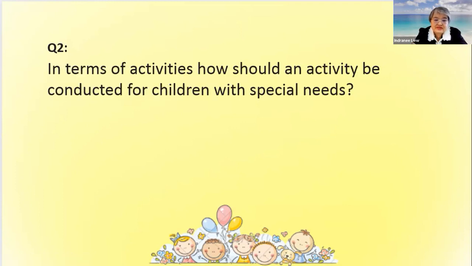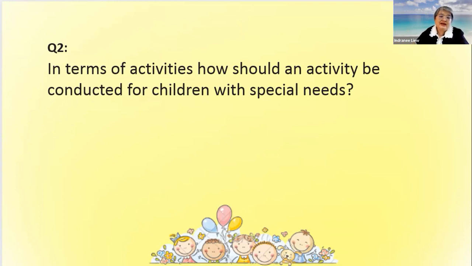In terms of activities, how should an activity be conducted for children with special needs? Generally speaking, children with special needs will need a place that is a little bit quieter, and they will do it individually at first. A quieter place means maybe, like I said, next to the teacher.